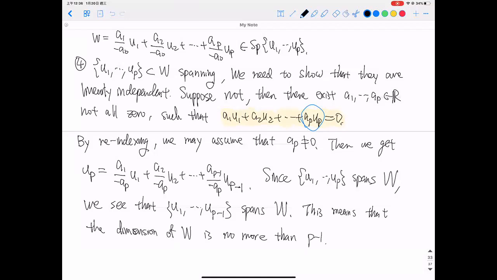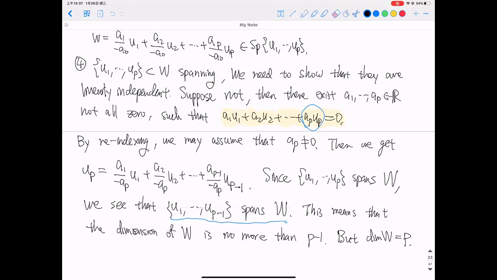What we have here is a collection of p-1 vectors that spans W. So we know that a subset of these vectors forms a basis of W, and that subset has no more than p minus 1 elements. However, the dimension of W is assumed to be p, which is strictly bigger than p minus 1.